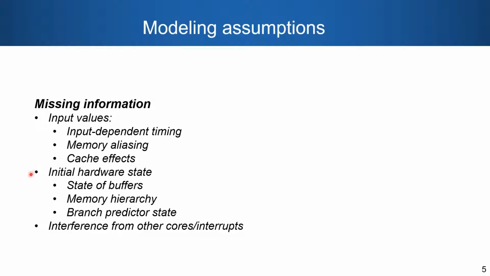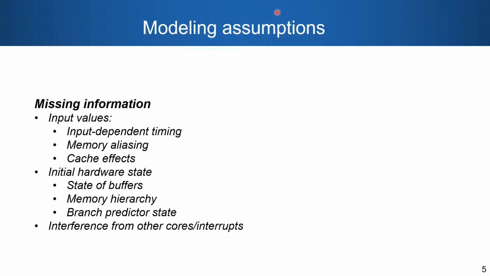Then the timing can also be influenced by the initial state of the hardware. So, for example, the state of different buffers, like the reorder buffer, or the state of the memory hierarchy or the branch predictor state. And finally, the execution time can also be influenced by interrupts or by interference from other cores.